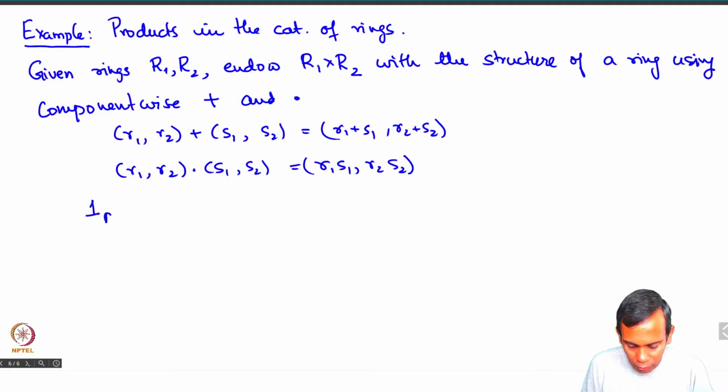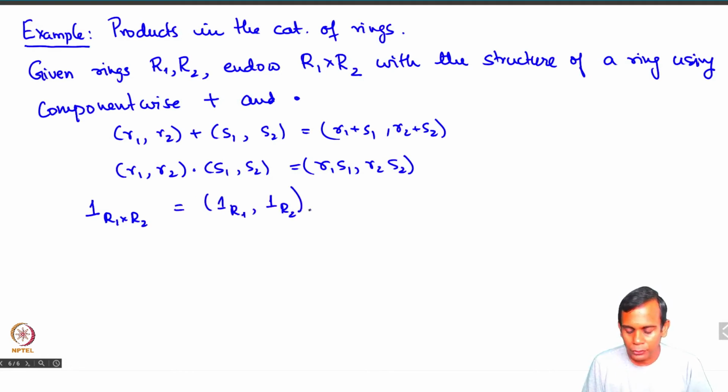Note that the unit of R1 cross R2 is the unit of R1 comma the unit of R2. So you can check that all the axioms for a ring are satisfied by this product structure on R1 cross R2. And you have the projection maps, the set theoretic projection maps P1.